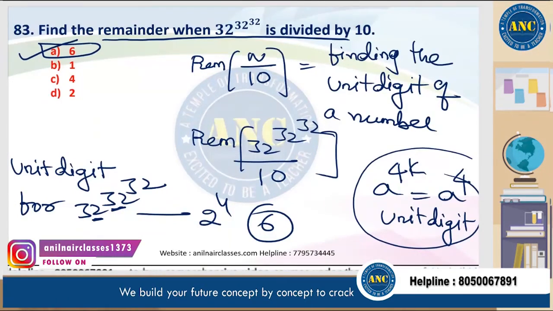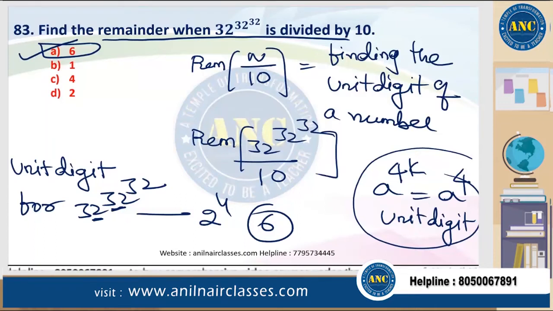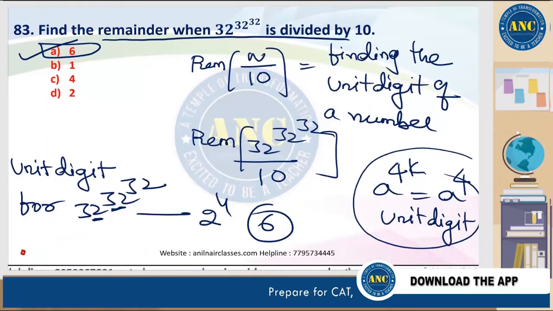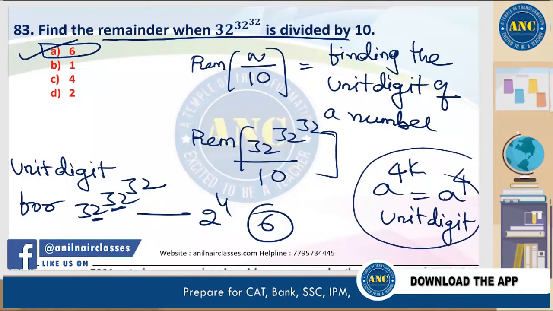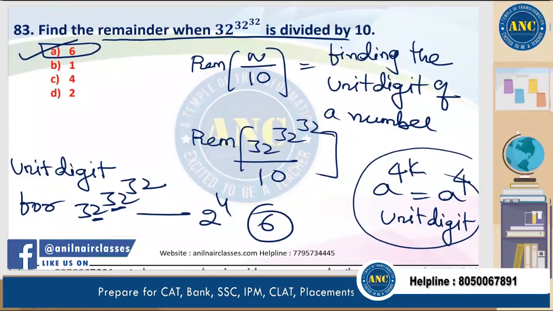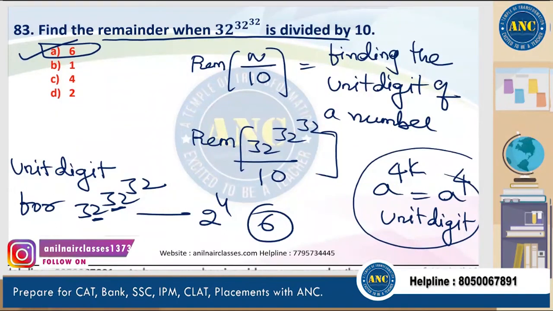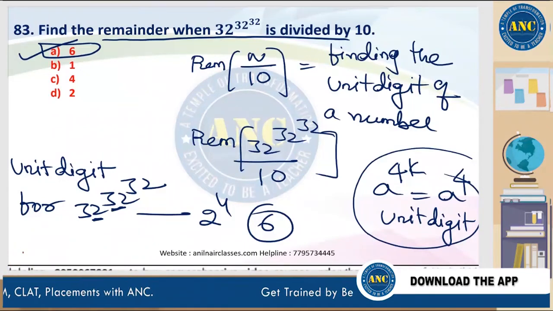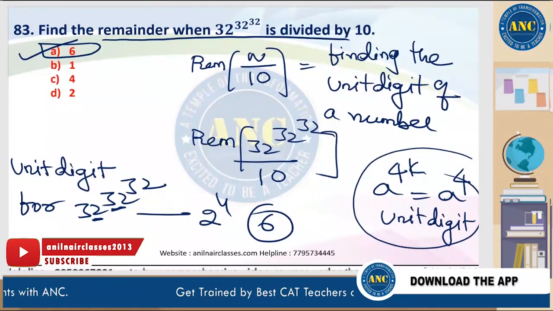Any number when divided by 10 is nothing but finding the unit digit of the number. 32 power 32 power 32 when divided by 10 is nothing but finding the unit digit of 32 power 32 power 32.